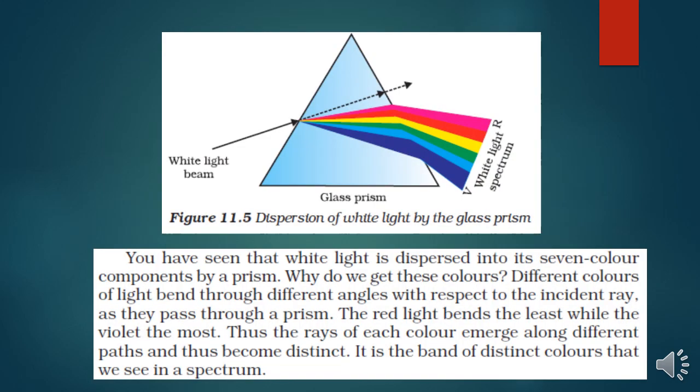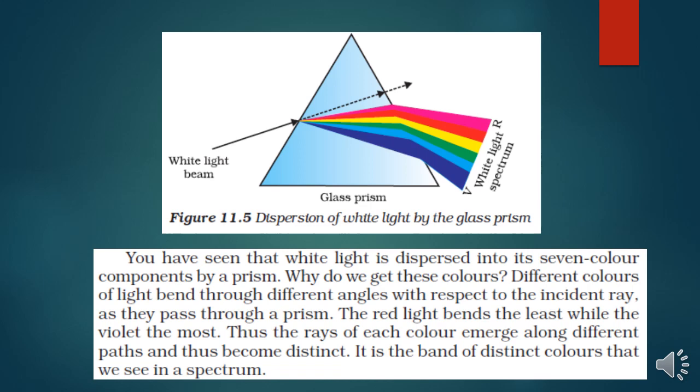Now, we will study the dispersion of white light through a glass prism. We all know that sunlight or any white light is made up of 7 colors. Now, when a white light beam is made incident on one face of the prism, you get a band of 7 colors on the opposite side of the prism.